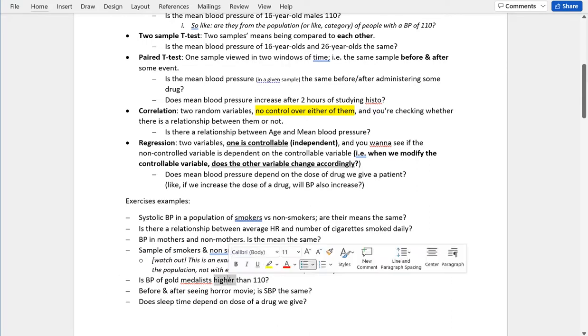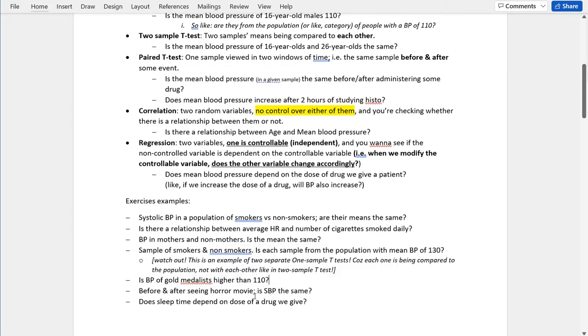But one thing they just said: is it higher than 110? The thing that would be different here is that your null hypothesis would be that their mean is equal to 110, and your alternative hypothesis would be that your mean is higher than 110.